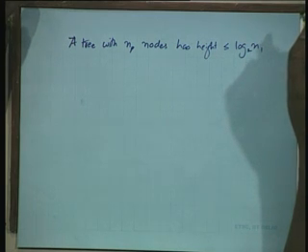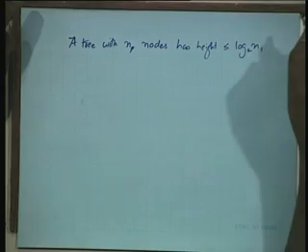So the worst case will come when at each level there are just 2 children. Suppose I have to prove this claim: at any point, a tree with n1 nodes in it has height at most log of n1.